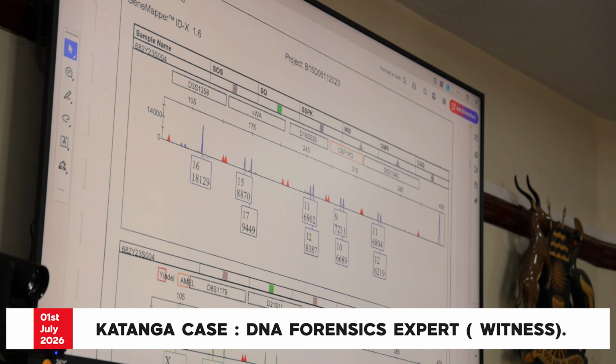And in this area, you can see that there's only visually one peak, one piece of information. Technically, when you see one piece of information, this is known as a homozygote. So this is where the child has inherited the same piece of information from both mum and dad.